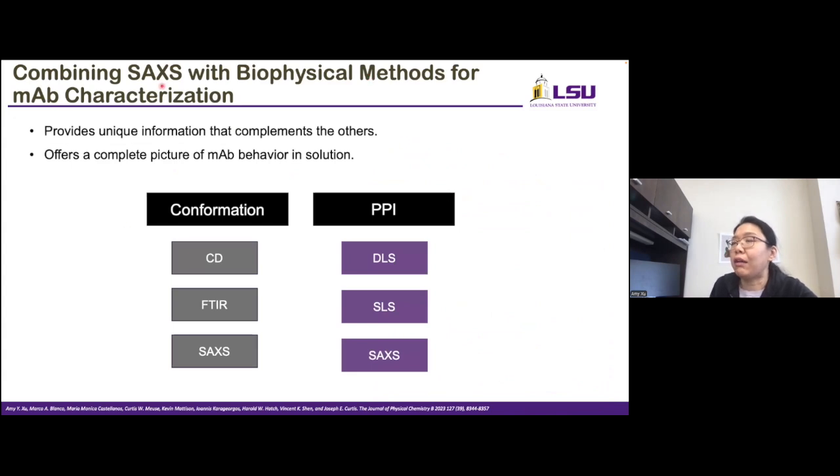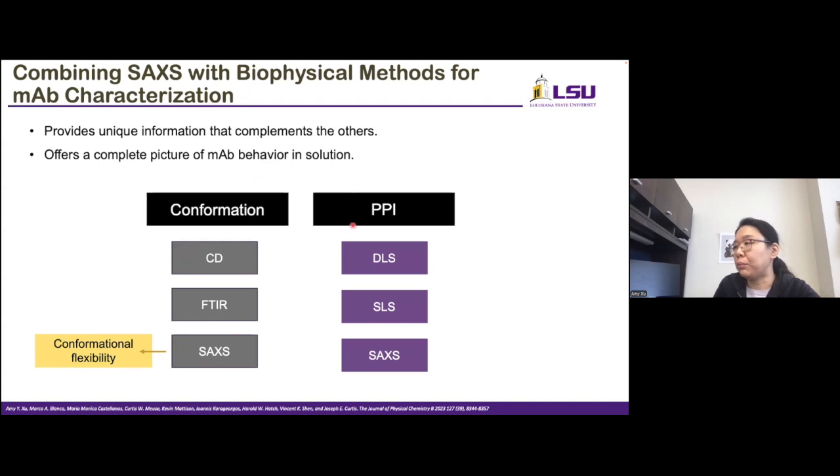And then finally, I want to highlight that combining SAXS, or small angle scattering in general, with other biophysical methods is a very powerful tool that can tell us much information about mAbs in solution. If we talk about conformation, we can do CD measurements and FTIR measurements, but SAXS provides additional information on what the antibody may look like in solution and tells us something about the conformational flexibility as well.